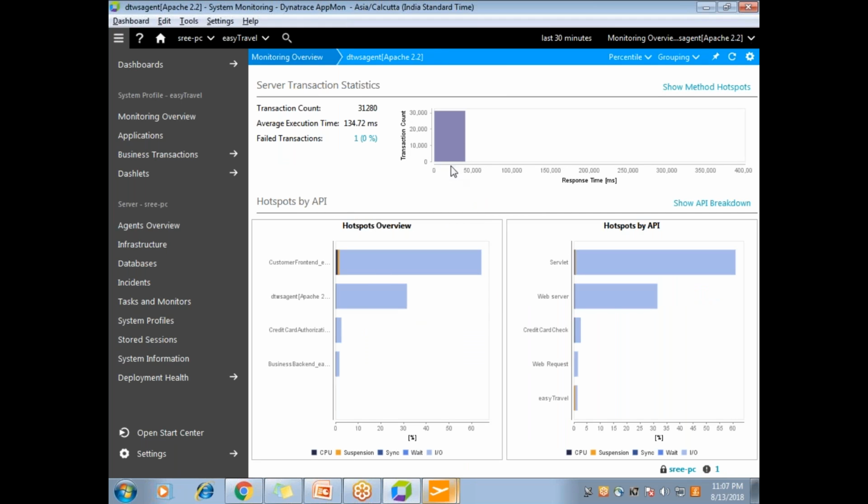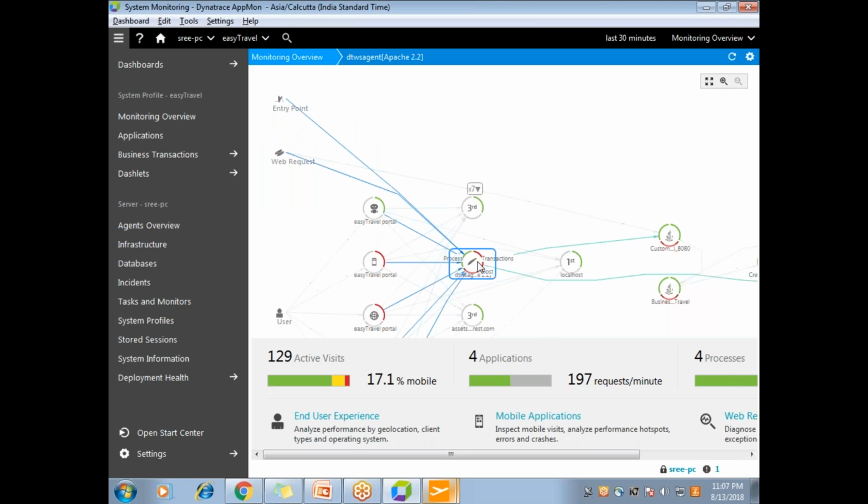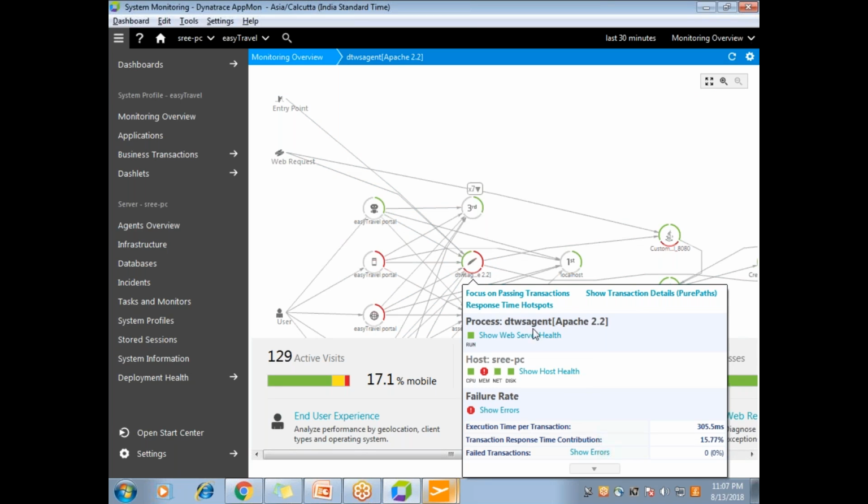This is the hotspots. But I want to see over a period of time how the transactions were. It will show over here, I'm sure.